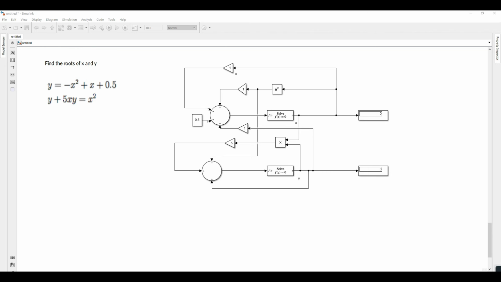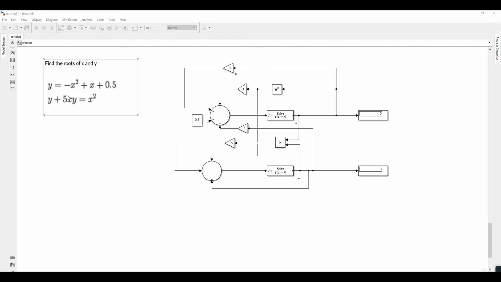So what I did here, I equated both equations to 0. So first we have y equals negative x squared plus x plus 0.5. So here we have x squared negative, and then x positive, and then since we equate it to 0, our y would be negative, so negative y, and then our constant 0.5.